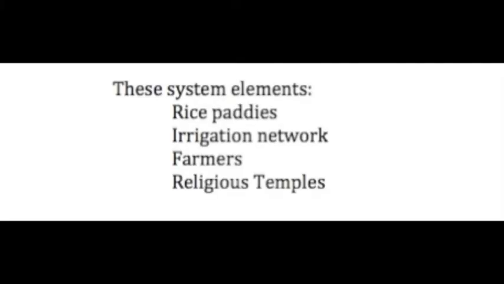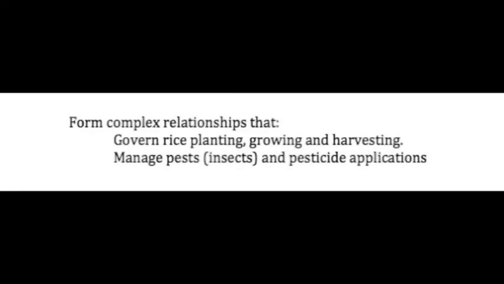So the elements in this system, the rice paddies, the irrigation network, the farmers themselves, and the religious structures responsible for coordinating the cycles of planting and harvesting, have shown to be remarkably effective in creating a system of sustainable agriculture.